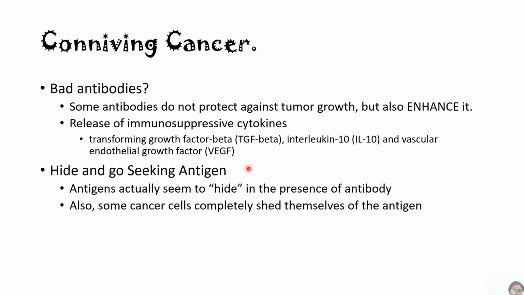Bad antibodies: some antibodies do not protect against tumor growth but also enhance it. There is release of immunosuppressive cytokines like transforming growth factor beta, interleukin 10, and vascular endothelial growth factor, and a hide-and-go kind of antigen. Antigens usually seem to hide in the presence of antibody. Also, some cancers have completely shed the antigen.